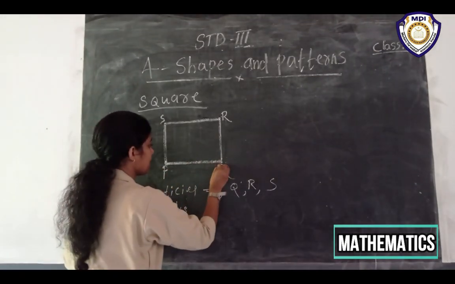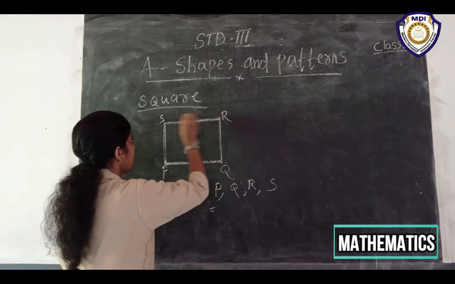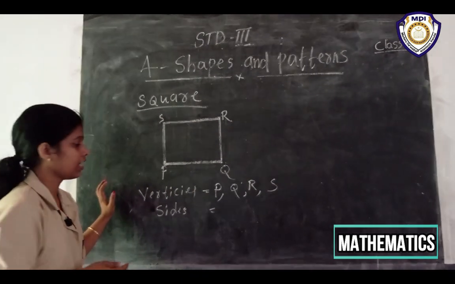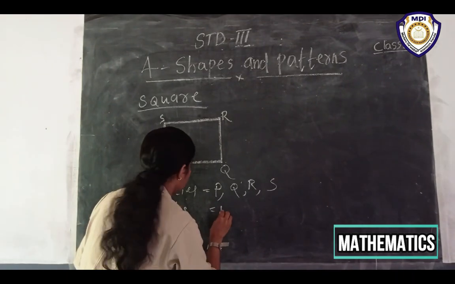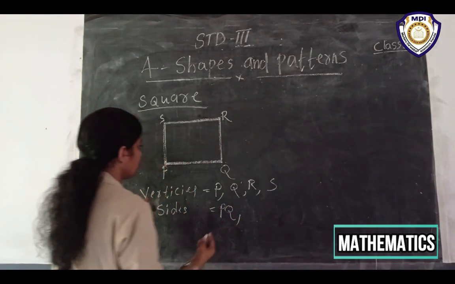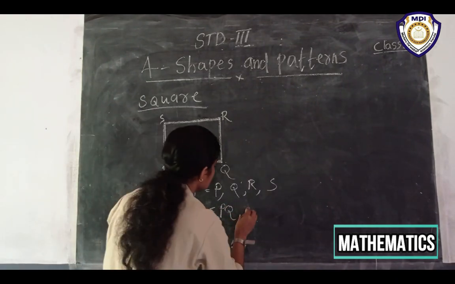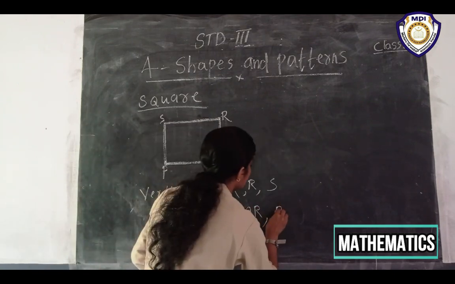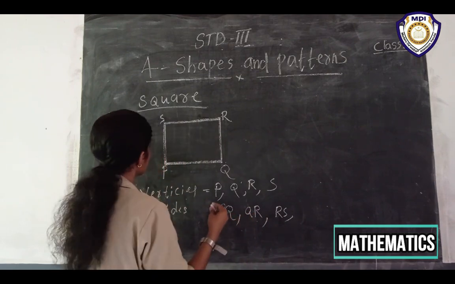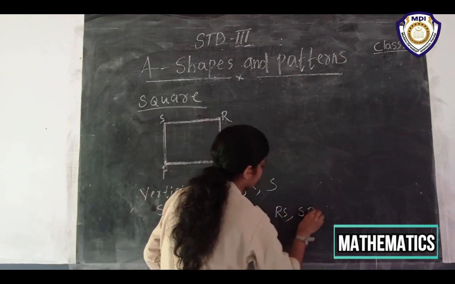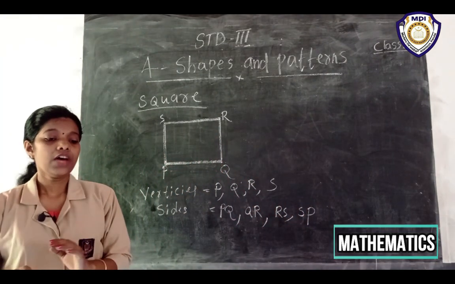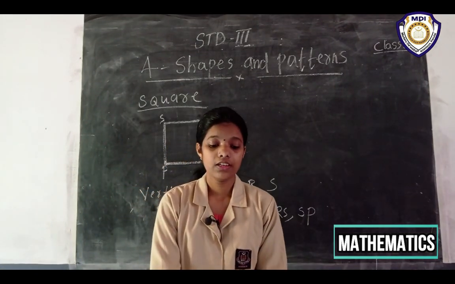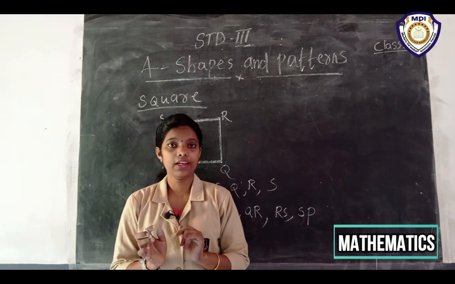PQ is one side, then QR, then RS and SP. Our desk is rectangle shape.